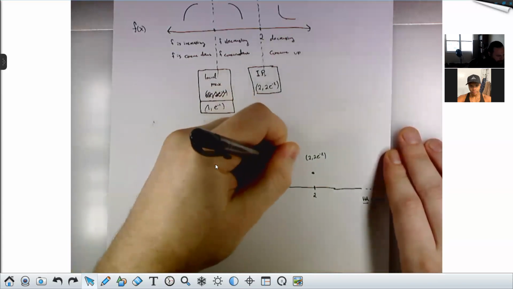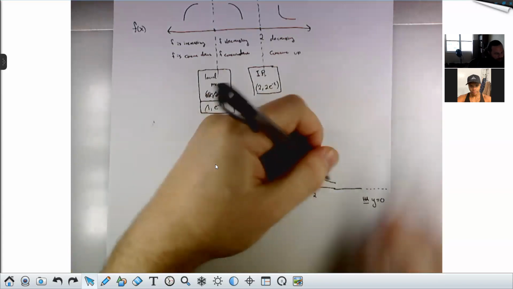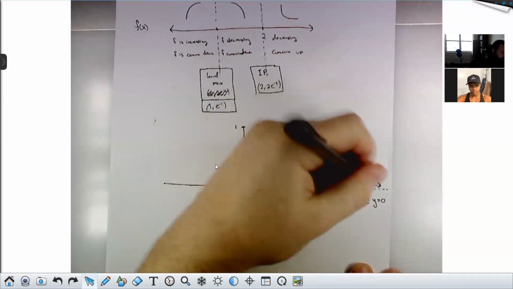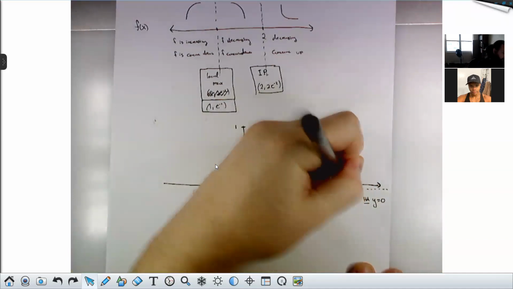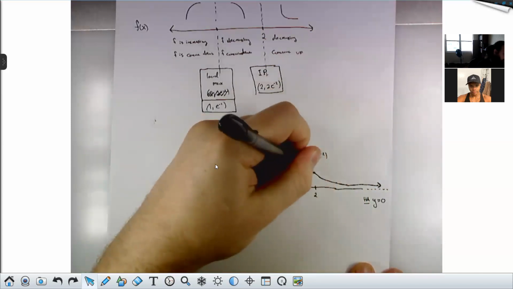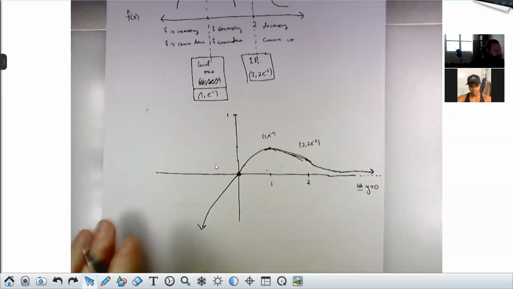I stay concave down until I get to this, where I switch to being concave up, and I'm still decreasing. And then I have to approach this horizontal asymptote. So something like this is what our graph has to look like.